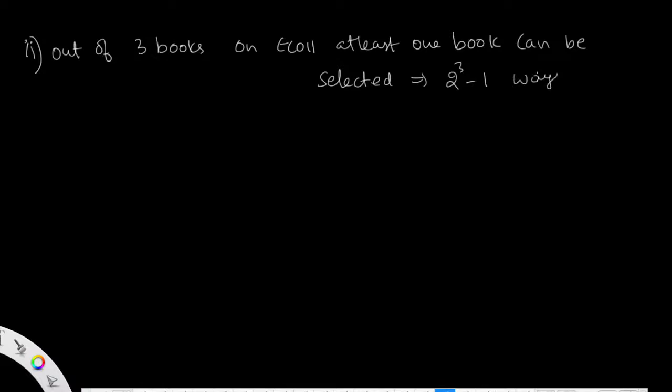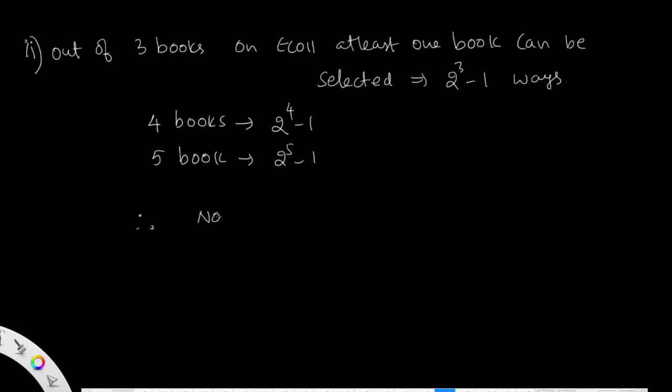Why? Because 2 power n minus 1. Next, similarly, 4 books on political science, 2 power 4 minus 1. 5 books on geography, that is 2 power 5 minus 1.